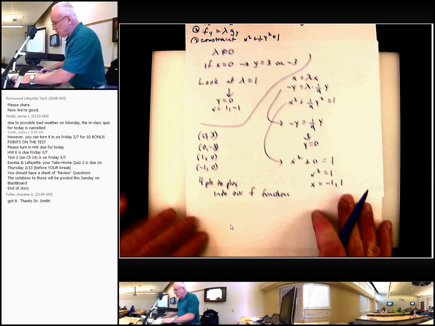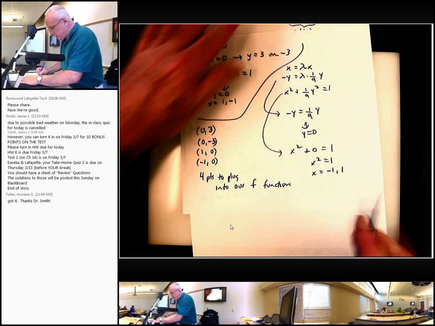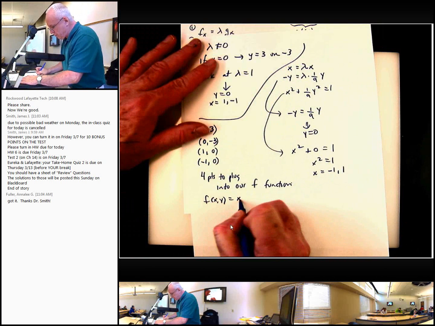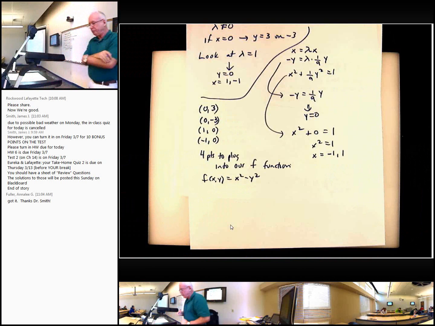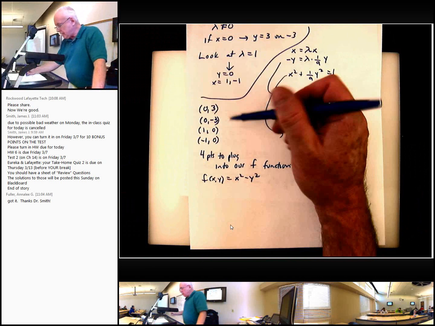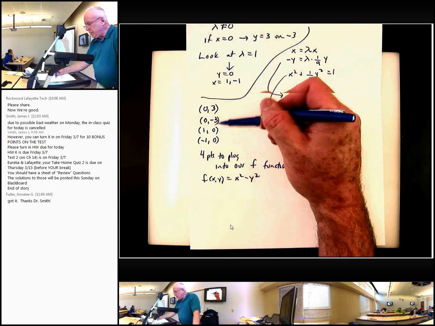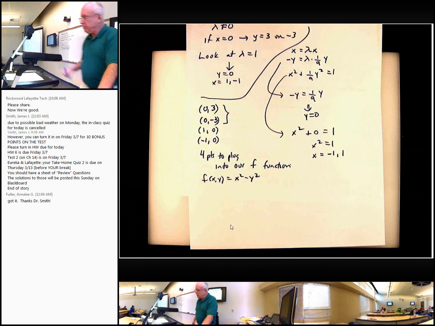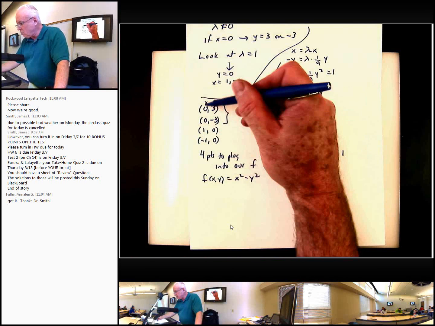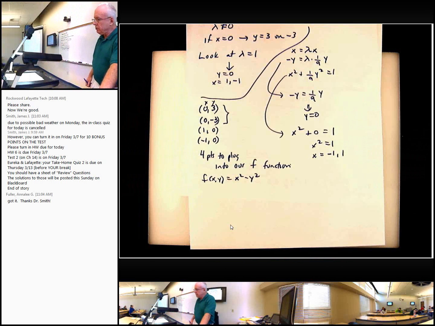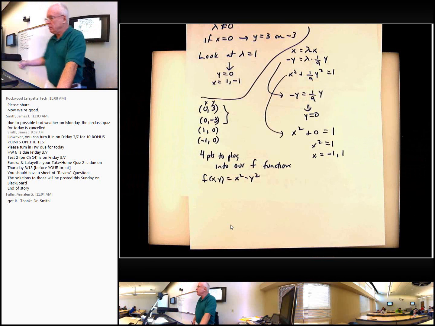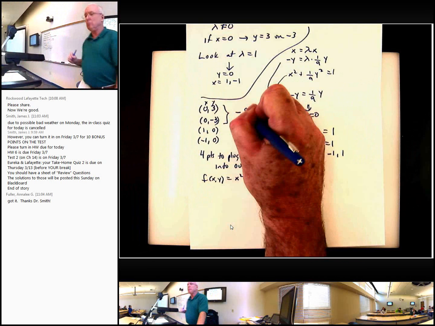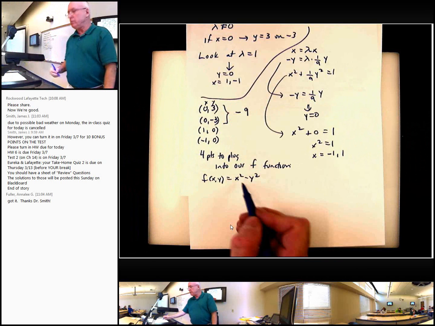All right, so let's see, here's the f function. Let me write this down again. f(x, y) is equal to x squared minus y squared. All right. So let's see. This is x, this is y. So either one of those is going to give us negative 9, right? Minus y squared, negative 9, because the x is 0.